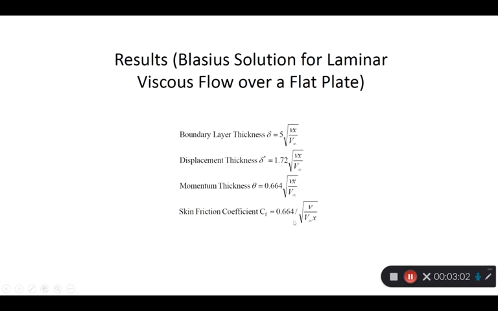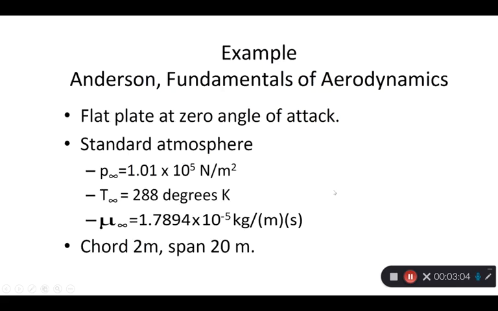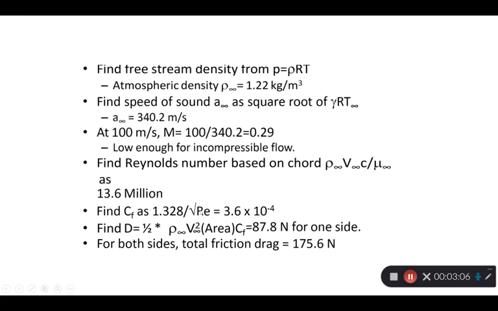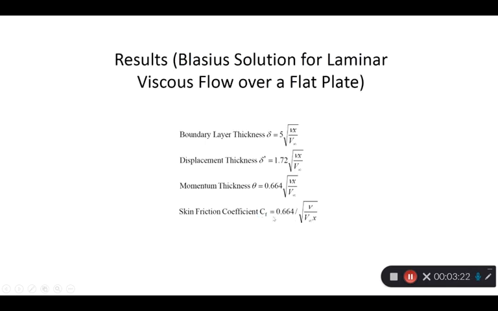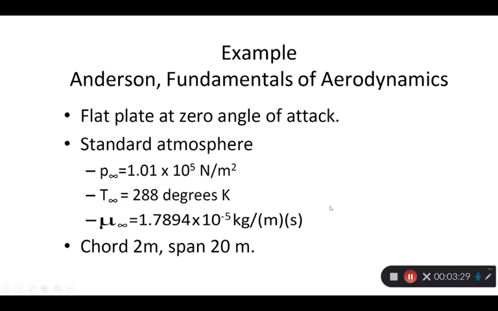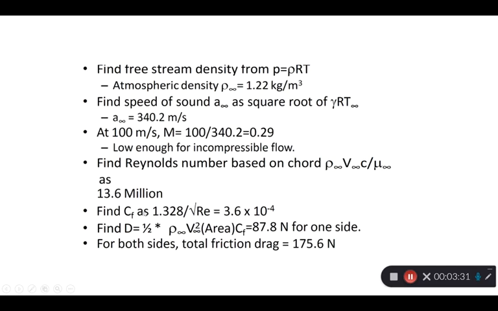So the CD would be 1.328 divided by the square root of the Reynolds number based on L. Anderson also calls this CF, so I'm using the symbol CF, but the correct way of thinking of this is CD, because CF varies with x at every point, whereas CD is an integrated quantity, integrated over the entire x from x equal to 0 to L. So this is the drag coefficient.